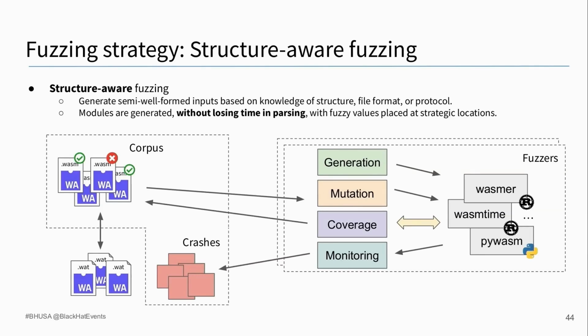I will not lose time in parsing, although it will still go through the parsing phase. What I mean is that instead of sending, let's say, 100 files into the process where maybe 50 are rejected for invalid format, in that case 100% of them will actually go through the validation phase. So that was really efficient.